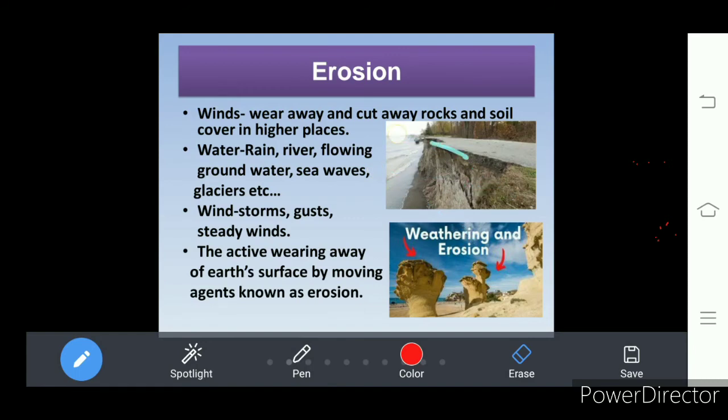So here water in the form of rain, river, flowing groundwater, sea waves, and glaciers. Wind in the form of storms, gusts, and steady winds. So in all these ways, we find the erosion process.